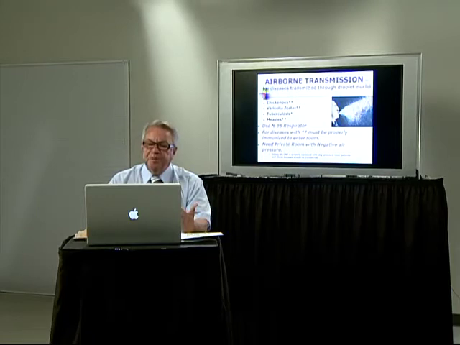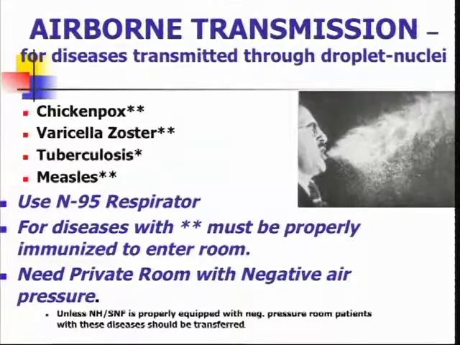So most of these patients are transferred to an acute care facility or to another facility that has these types of rooms available. Now, there are long-term care facilities and nursing homes that have negative air pressure rooms, and in those cases you're going to use an N95 respirator that has been properly fit tested, with a full fit-testing program in place.